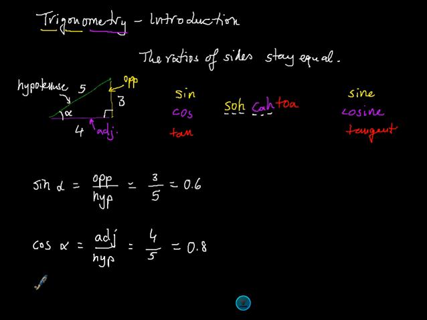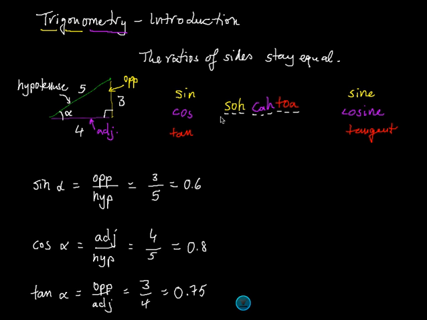And finally, I can look at the tan ratio, which is opposite over adjacent. That's where this comes from. Tan is opposite over adjacent. The opposite is 3, and the adjacent is 4. And I get 0.75. Note that I will always get a number here between 0 and 1.